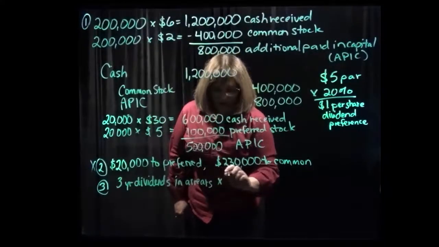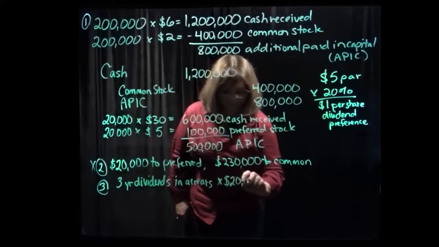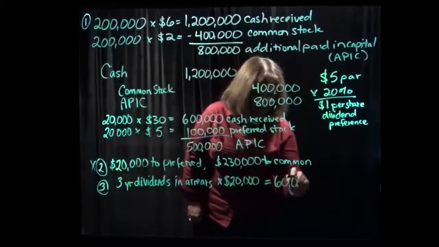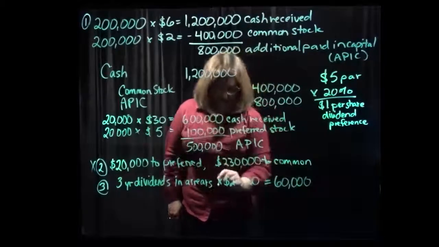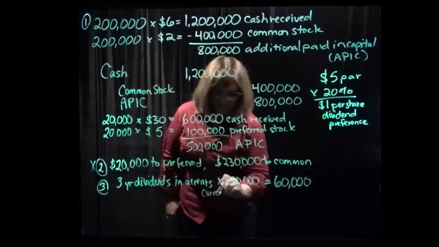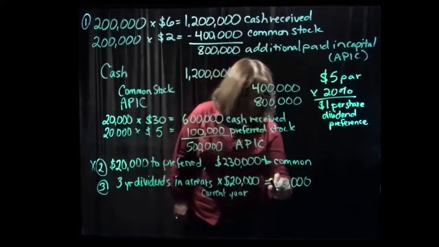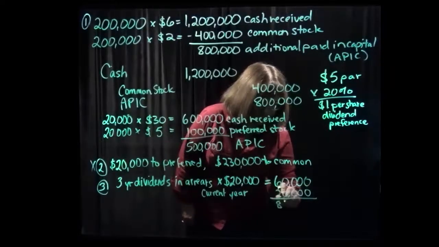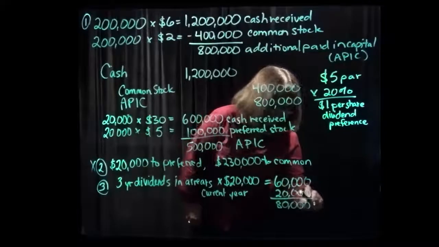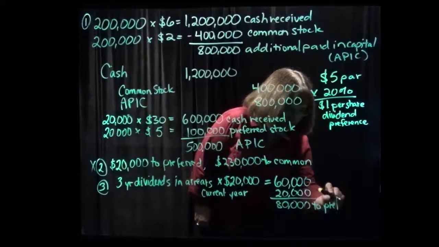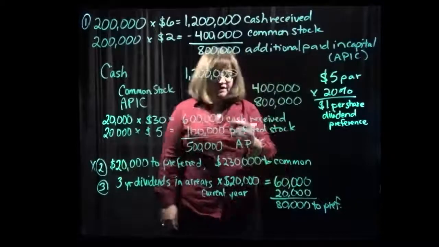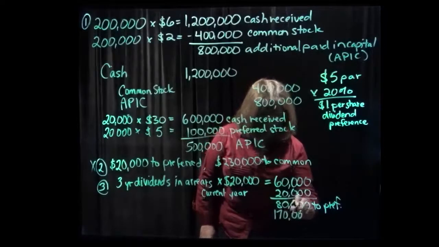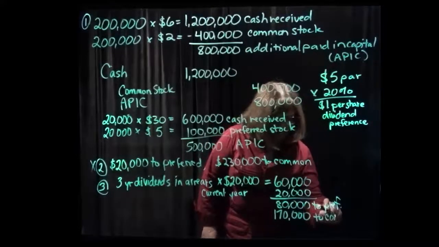So they have to first go back and pay those $20,000 per year, and so that's $60,000 that they have to pay to the preferred shareholders. And then they have to pay the current year. That means they're going to pay a total of $80,000 to the preferred shareholders. And then the remaining of that $250,000, the remaining $170,000, will go to the common shareholders.